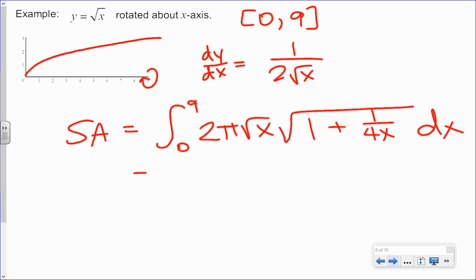I'm going to move 2 pi out to the front. I have two radicals being multiplied, which means we can multiply what's underneath. So we have one radical that is x plus 1/4.